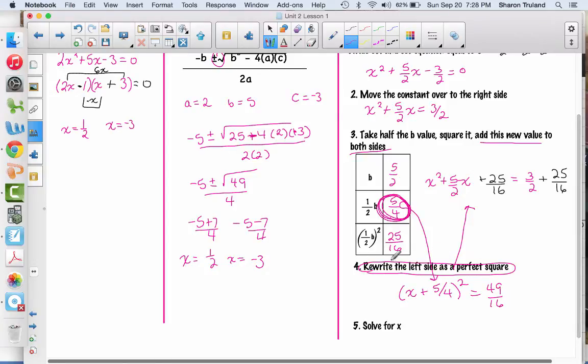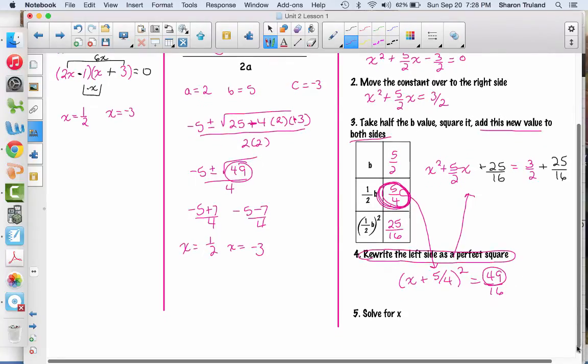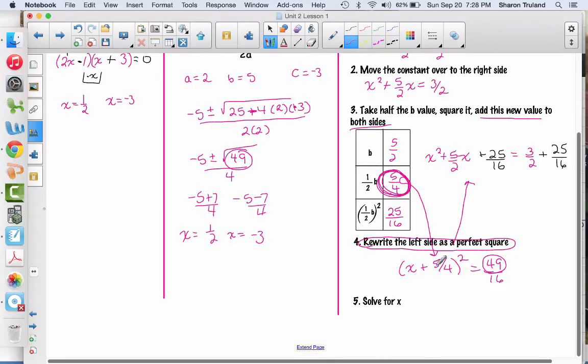Hey, it's starting to look like this. I got a 49 over here, I got a 49 over here. Now, if I solve for x, I'm going to do this in one step. This is where you should know completing the square becomes very quick when you become adept at it. I've got to get this x alone, which means I have to undo addition here, subtraction, squaring.